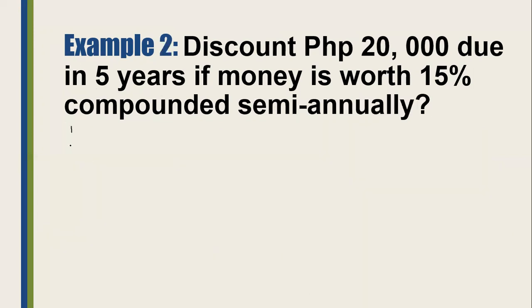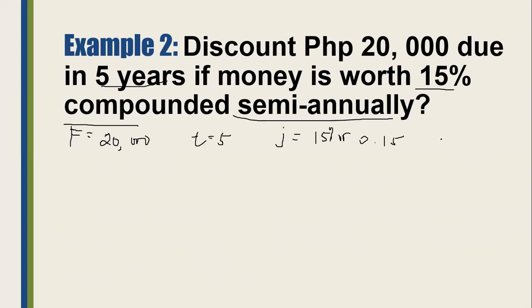Example number 2, discount. So we have our final value, which is 20,000 again. 5 years is the T. So 5 years worth 15% J, so 15% or 0.15. Then compounded semi-annually, meaning our M is 2.